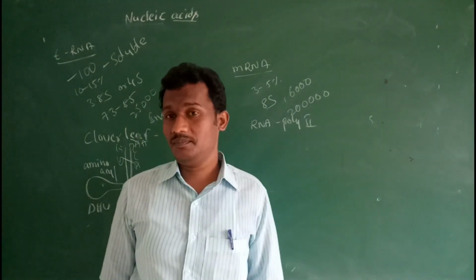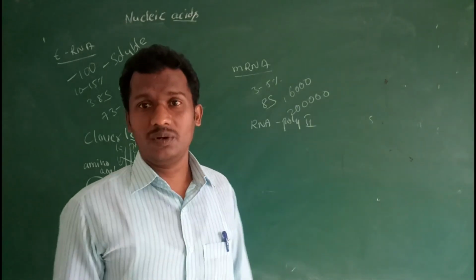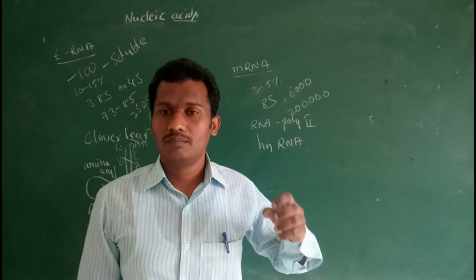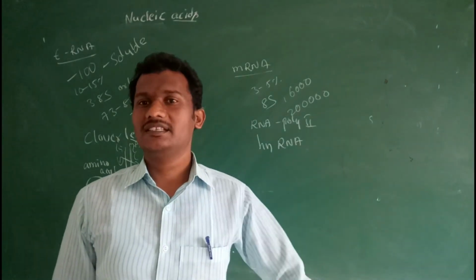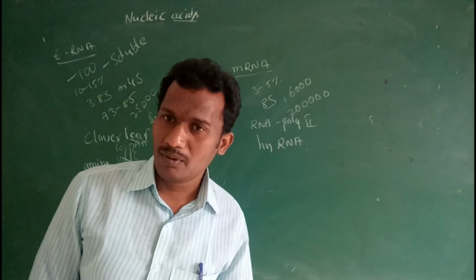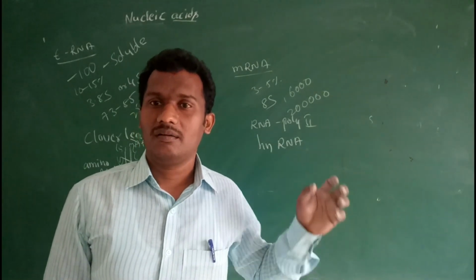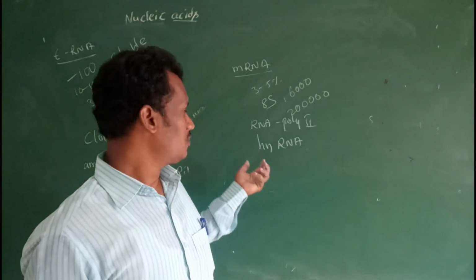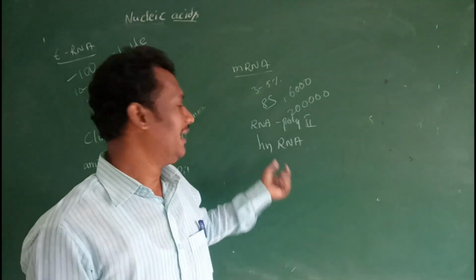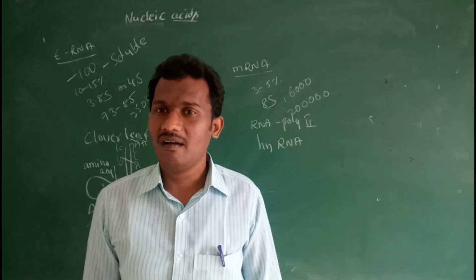In both prokaryotes and eukaryotes, mRNA is formed by the transcription process. The initially formed mRNA strand is known as the primary transcript, nascent mRNA, or hnRNA, heterogeneous nuclear RNA.